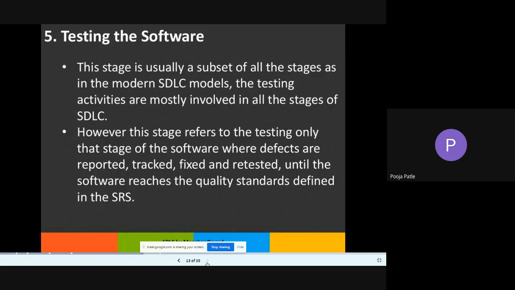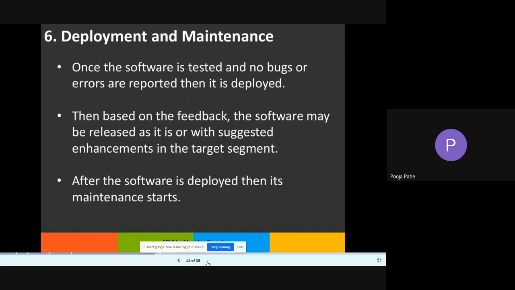Testing: after development of the product, it's time to test. This stage is usually a subset of all the stages in the modern SDLC models. The testing activities are mostly involved in all the stages of the SDLC. And deployment, that is the maintenance. Once the software is tested and no bugs or errors are reported, then it is deployed.